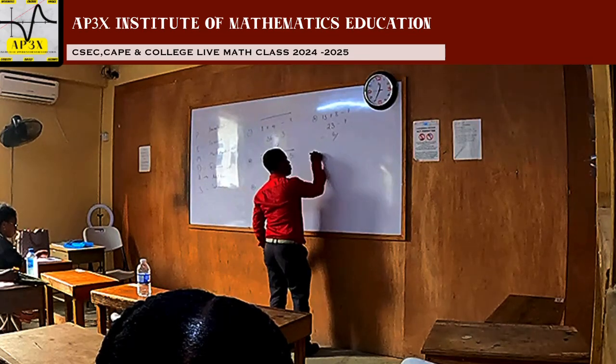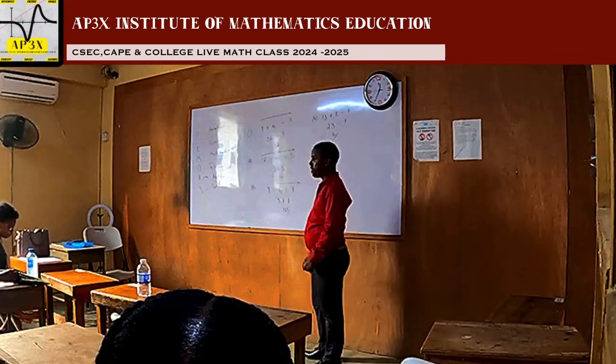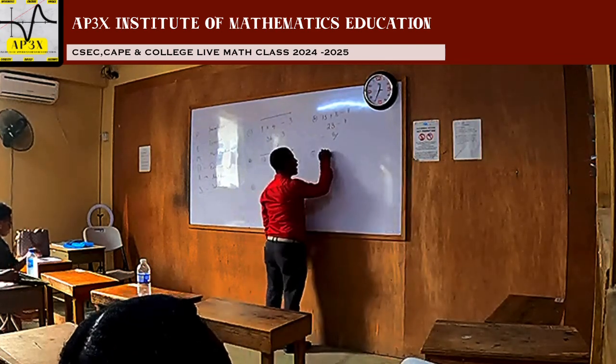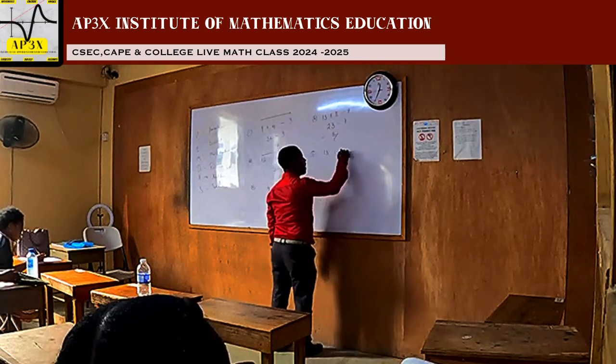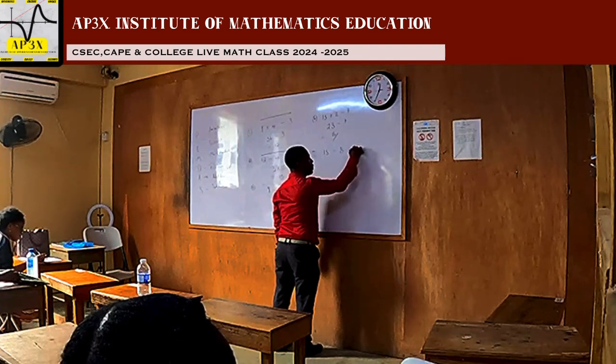Example number 5. All of these are what I call building blocks for what's coming. Building blocks. Let's go. Number 5. Let's say we have something like 15 take away 3 times 2.